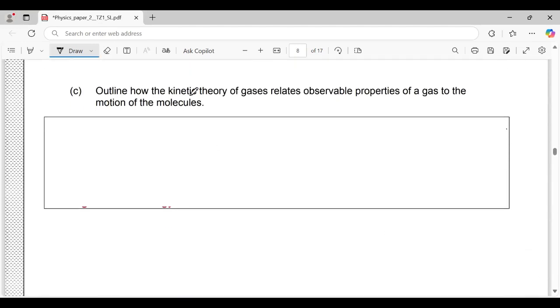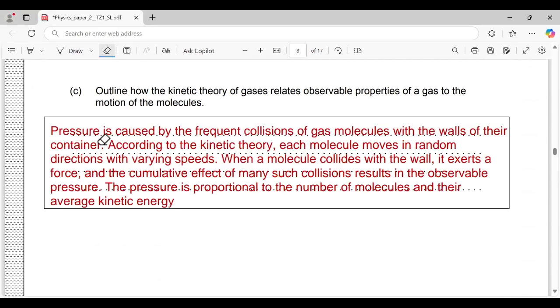Outline how kinetic theory of gases relates observable properties of gas to the motions of the molecules. I have provided as well my explanation about this part. The pressure is caused by the frequent collisions of gas molecules with the walls of their container.